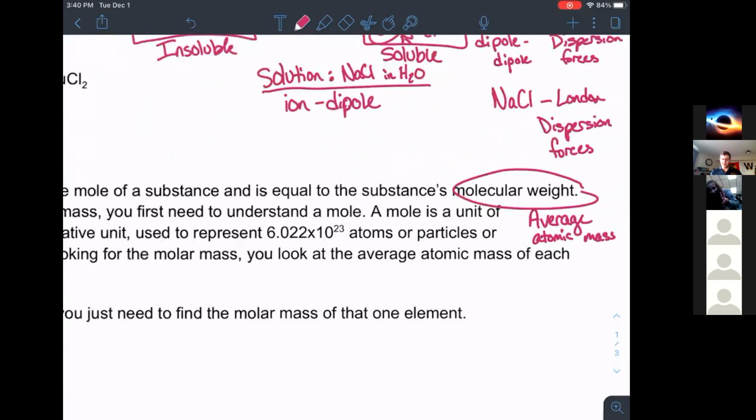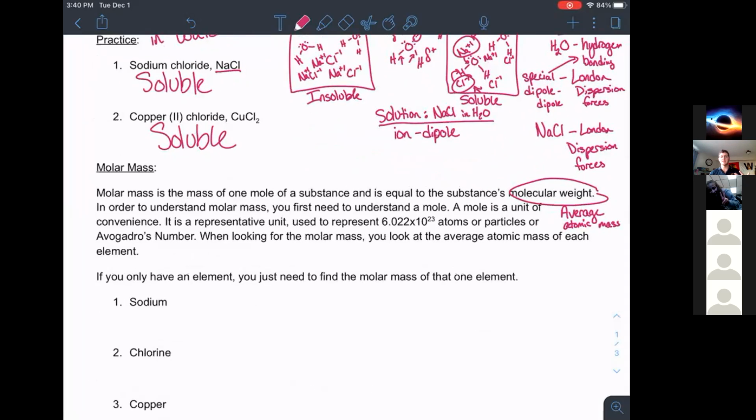Now we're just changing the units that we use to talk about average atomic mass. We used AMUs before, or atomic mass units. We're changing that to grams per mole. So we're just changing how we wrote the units. Everything else is going to stay the same.